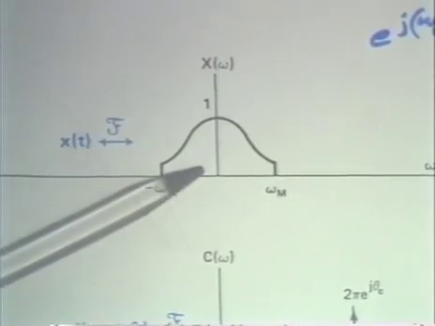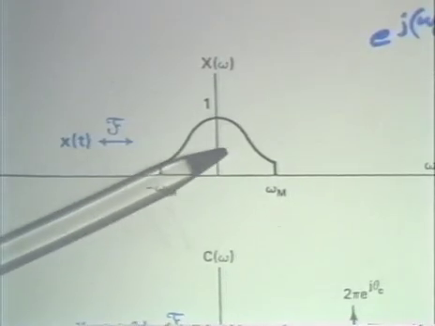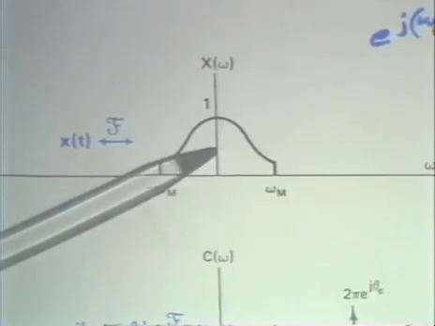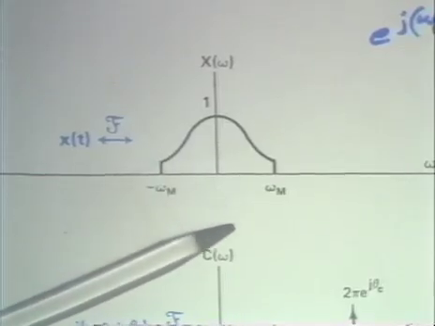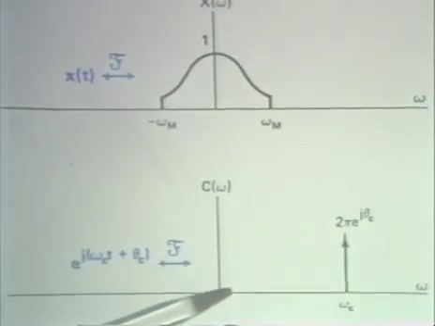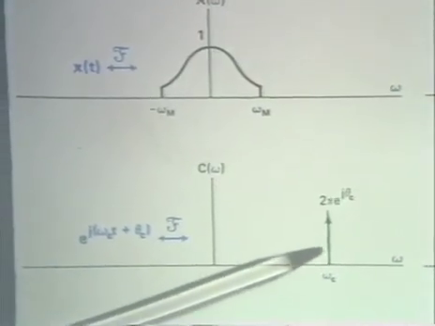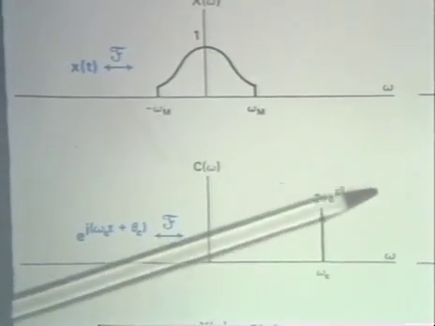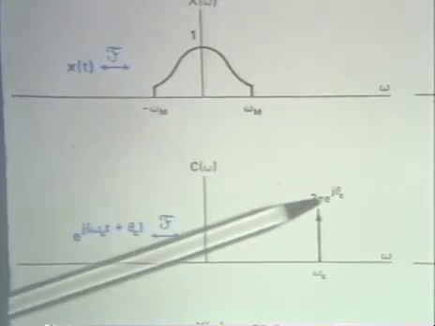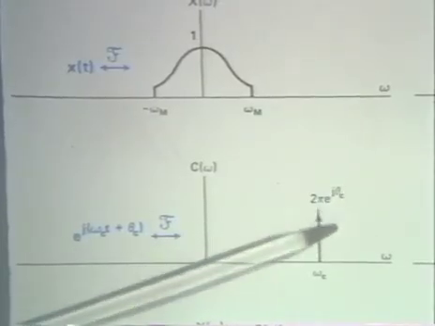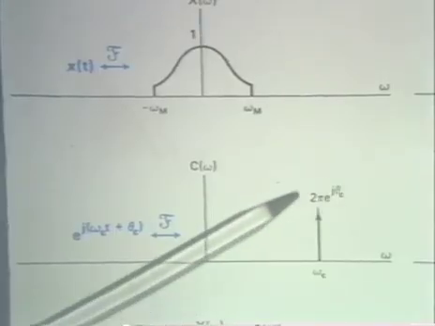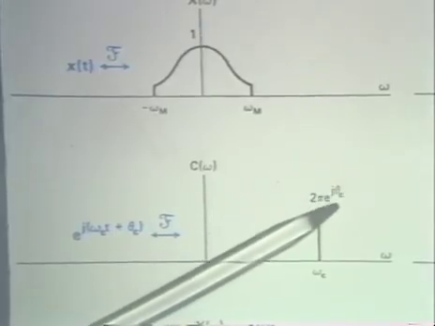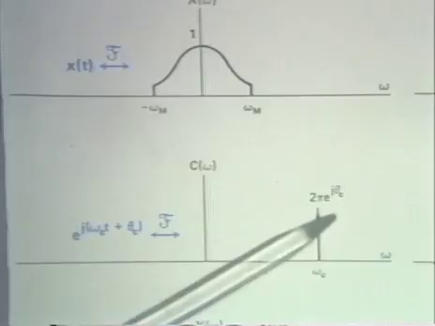And then the carrier signal, since it's a single complex exponential, has a Fourier transform which is an impulse in the frequency domain, and the amplitude of the impulse is 2 pi e to the j theta sub c, where we notice that the complex amplitude incorporates the phase information.